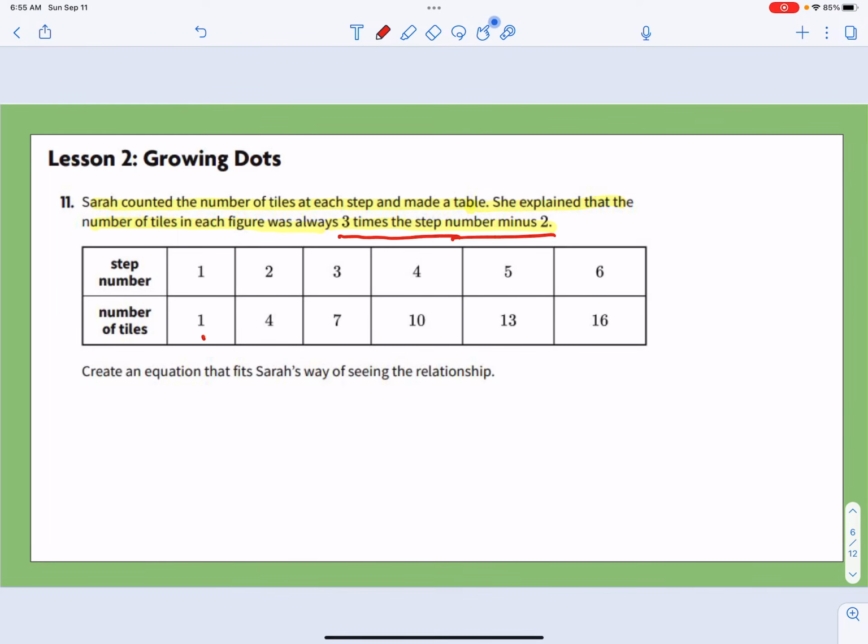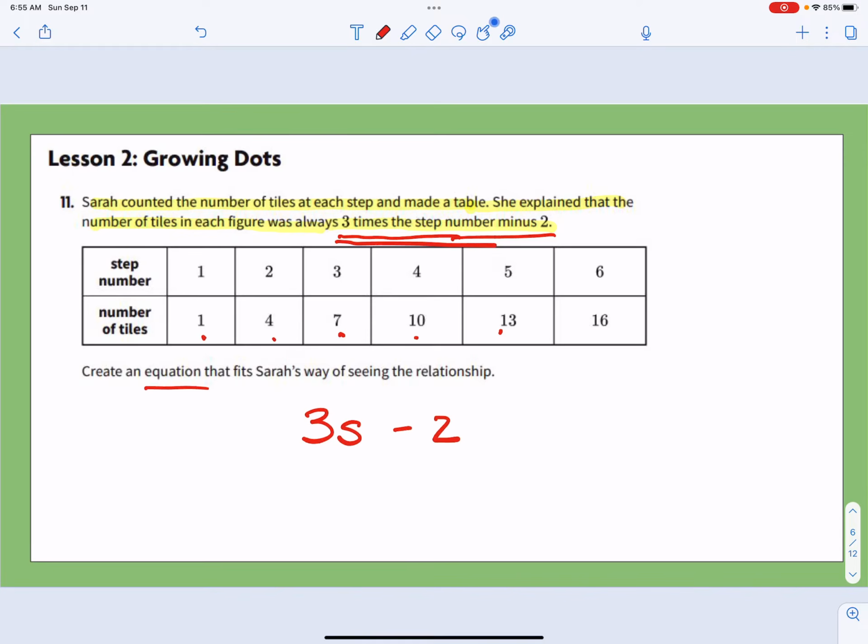And we see your numbers, 1, 4, 7, 10, 13. So she was just counting them up, putting them in her table. Writing an equation, she says it's 3 times the step number minus 2.